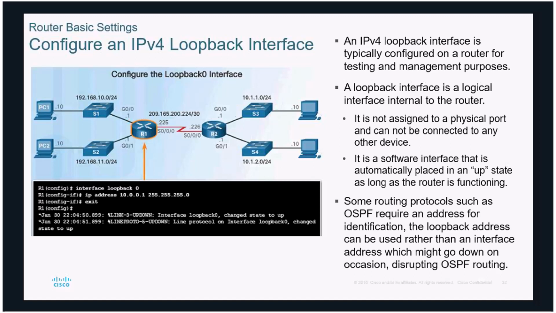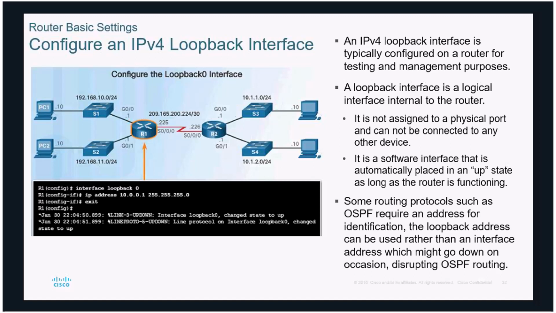For the loopback IP address, you choose ones that are reserved, particularly the 10.0.0.0 range, which is reserved private. So if you see addresses like 10.0.0.1 being used, that's normally how you would address loopback interfaces.